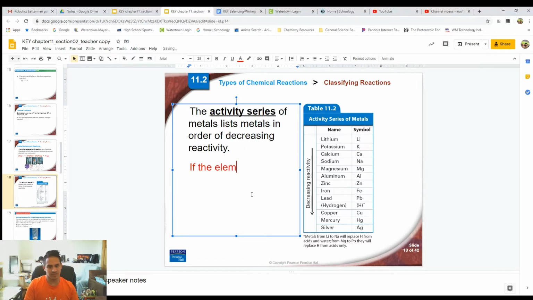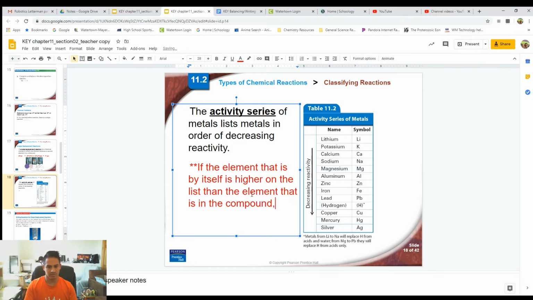This is actually really important, so I would very highly recommend that you listen to this part or write this down. If the element that is by itself is higher on the list than the element that is in the compound, then a reaction will happen.